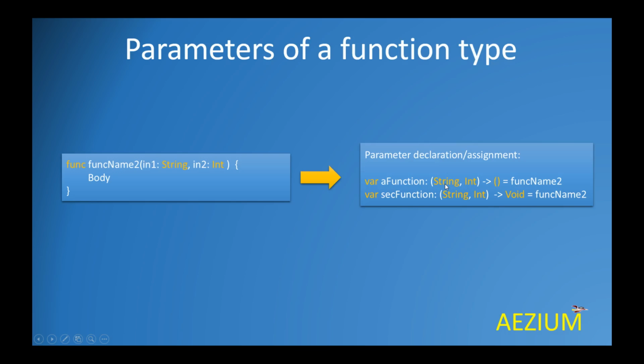The first is of type string and the second is of type integer, and it returns an empty tuple. An empty tuple is equivalent, or is another name for void.